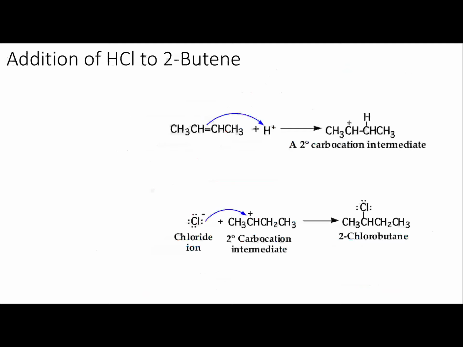Okay, so let's look at the actual mechanism for the addition of HCl to butene here. So the first step is to add a proton. Reaction of the carbon-carbon double bond with the proton gives a secondary carbocation intermediate. Secondary because this carbocation, the plus charge, is on a carbon that's connected to two other carbons.